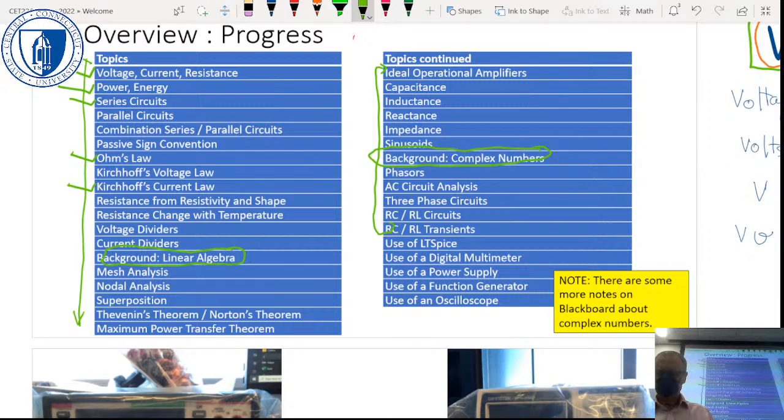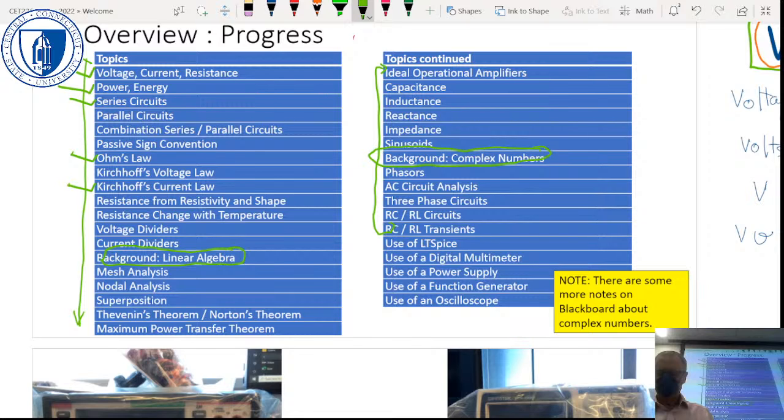So this idea, the passive sign convention, applies to passive devices: R, L, and C devices. It does not apply to batteries or to power supplies. And the sign convention is simple.